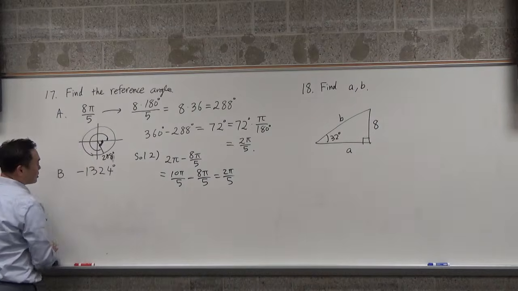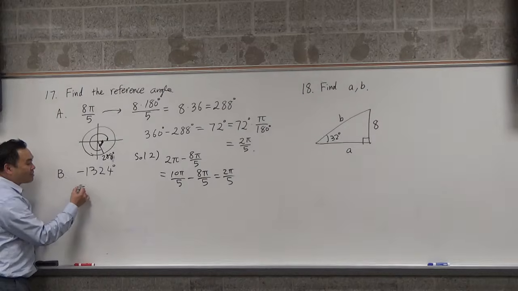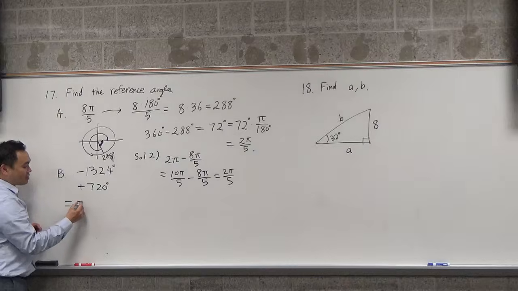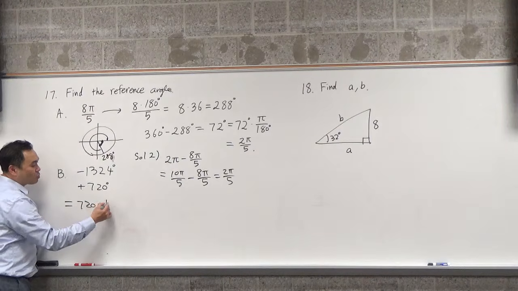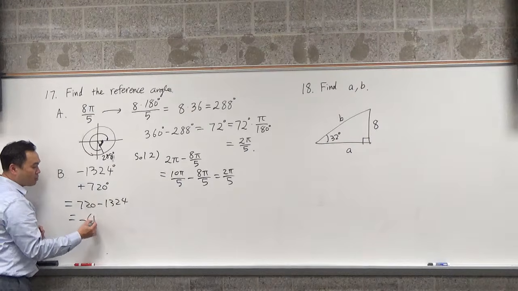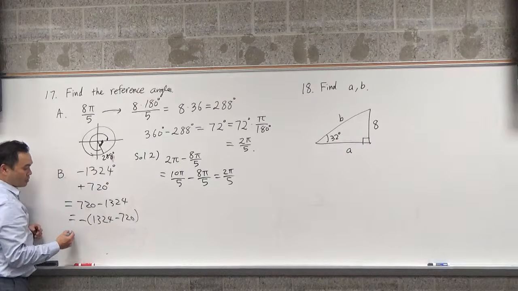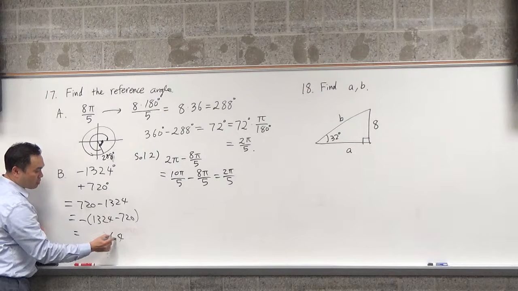Or I know that 360 times 2 is 720. So let's start by adding 720 to this, see what happens. So this is going to be negative 1324 plus 720. What's that? 2 minus 2 is 0.